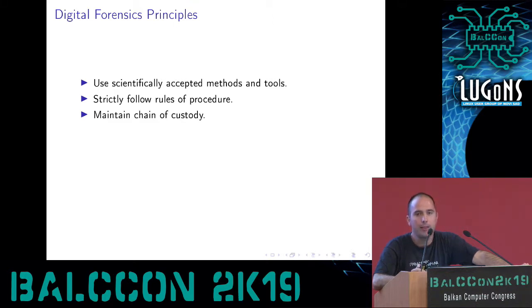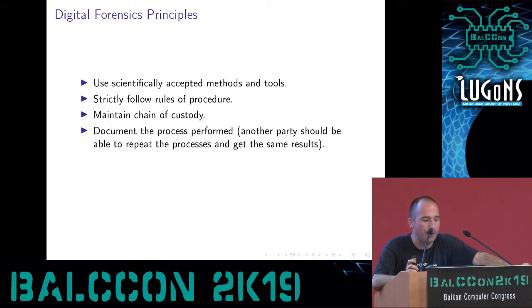We have to maintain chain of custody. That basically means that there has to be a record of where the evidence was at each particular moment in time, so no one unauthorized could interfere with the evidence. And the investigation process has to be documented. I mentioned the scientific method a few slides before.